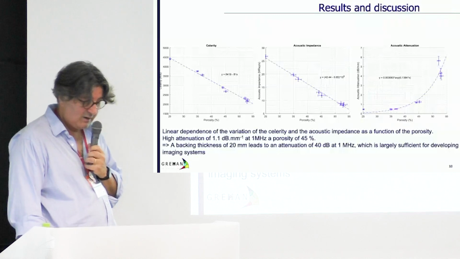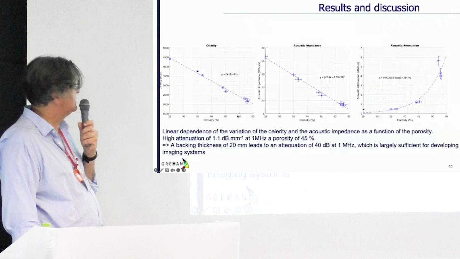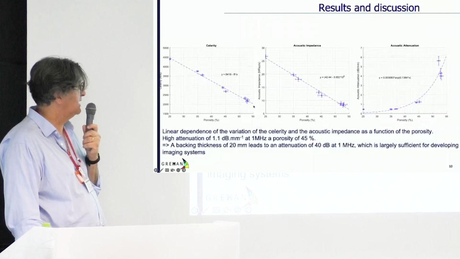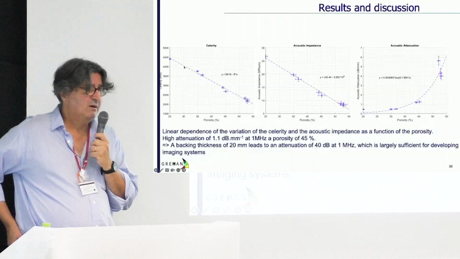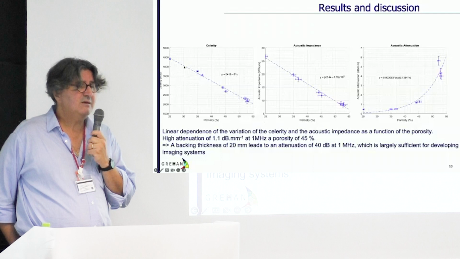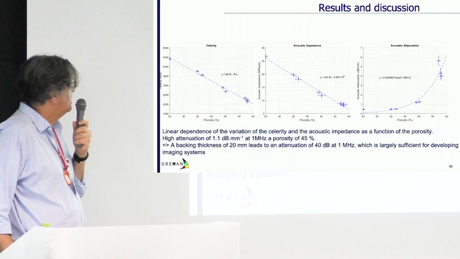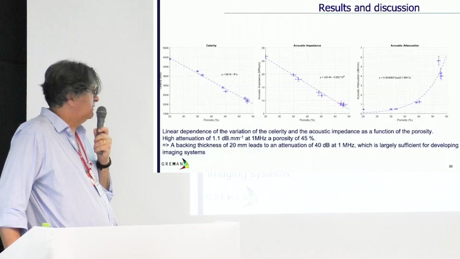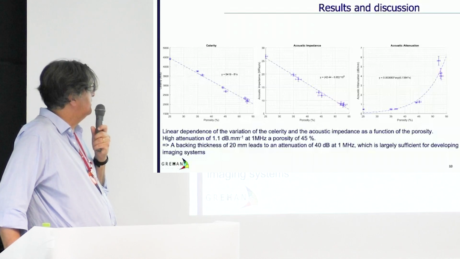Here we report the measurement of these properties for the various samples. For each measurement, we have something like 10 samples characterized, which allows us to determine a precise measurement of the porosity and of the velocity.